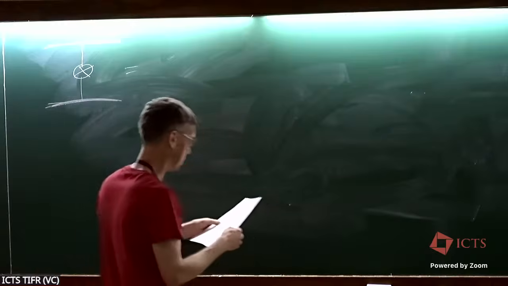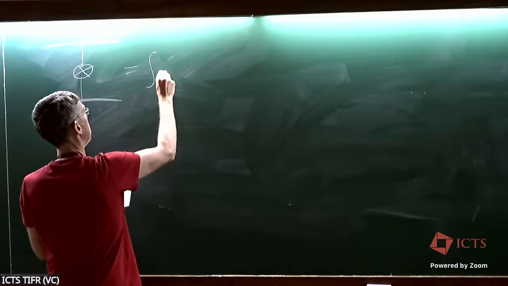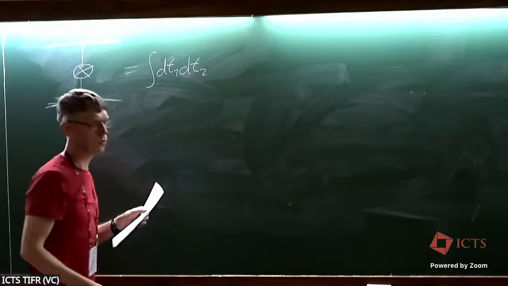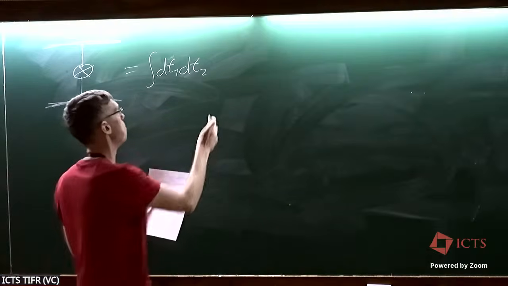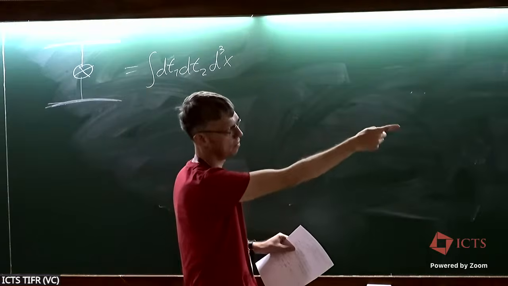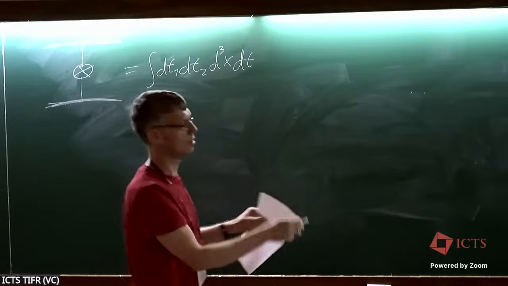Yeah? So you get an integral dt1, dt2 from the two worldline vertices. But now you also have the integral d3x from the two vertex and another dt also from the two vertex here, right?